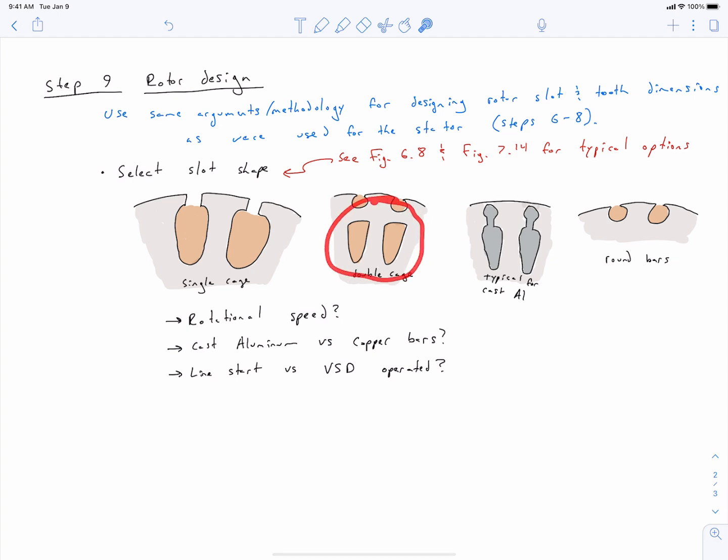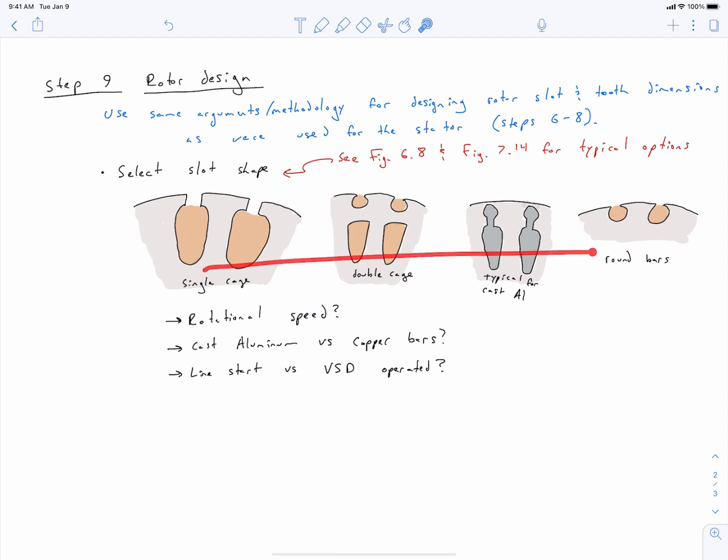Over here we've got what's called a double cage, so you can see that there's a set of bars out here on the air gap surface, and then another set of bars that are totally buried inside the rotor. Here's a double cage version for a cast aluminum rotor, and then on the far right we've got what's called a round bar rotor, which is a little bit more typical for high-speed machines.